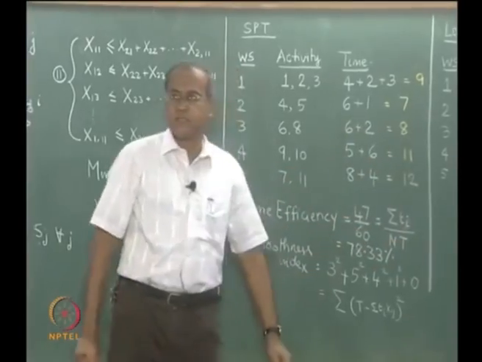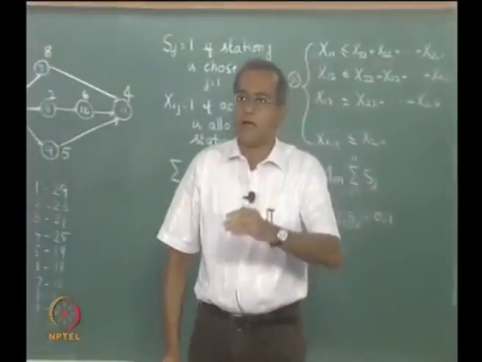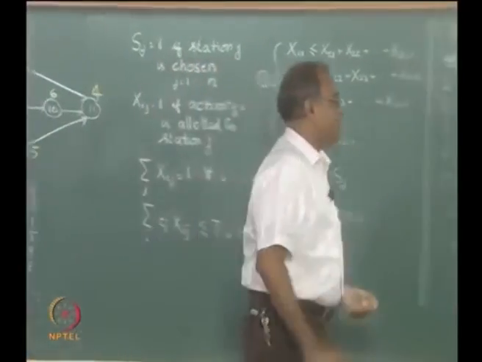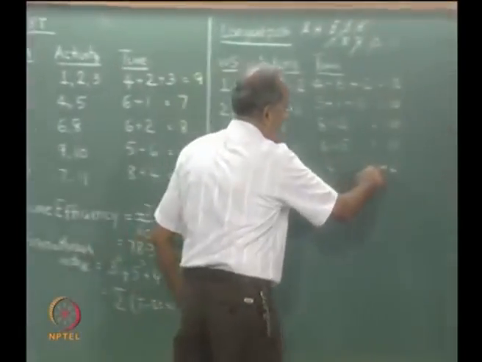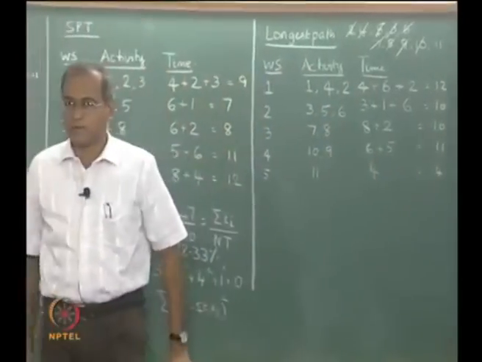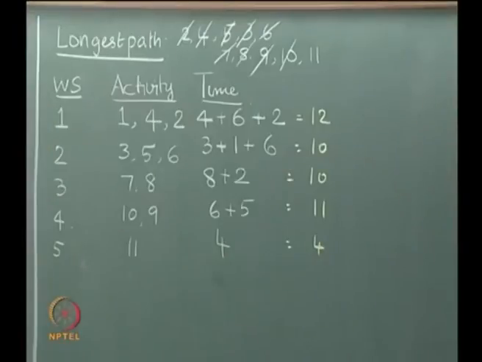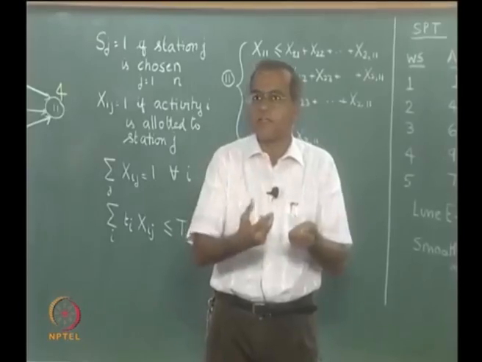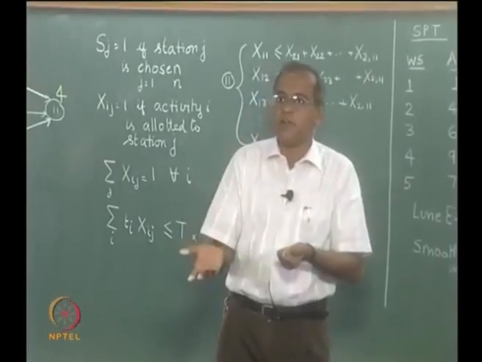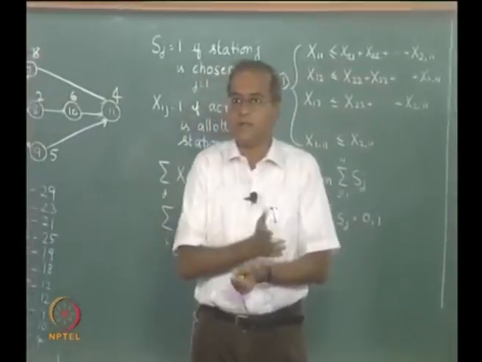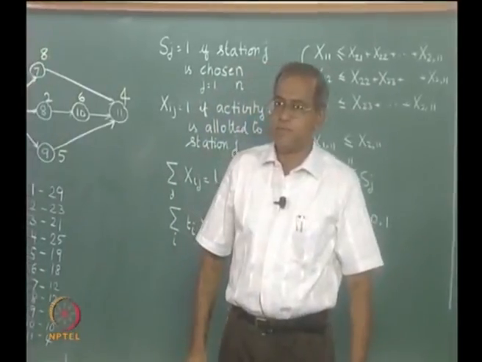Same line efficiency, but this will have a larger smoothness index because this would contribute 12 minus 4 the whole square. So from a smoothness index point of view, this is not very desirable because it is going to create a lot of variation. So either a lot of inventory or a lot of idleness in the system.